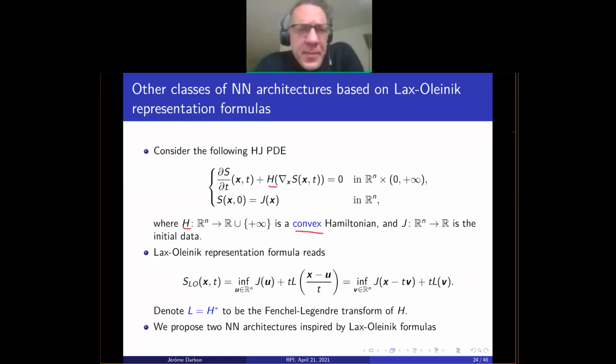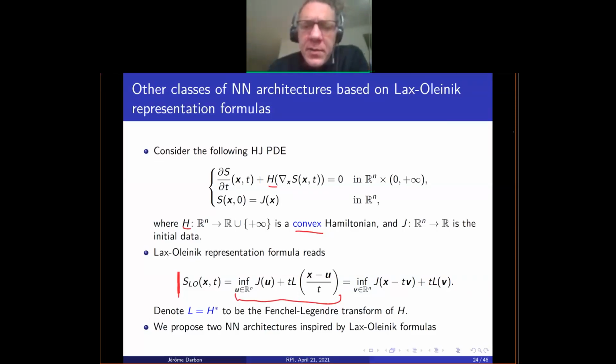The Lax-Oleinik representation formula tells you that under the assumption of convexity for the Hamiltonian, plus some technical assumption involving the continuity of J, you can write the solution of the above Hamilton-Jacobi PDE as an optimization problem. And this is the usual way to represent the solution using the Lax-Oleinik formula.